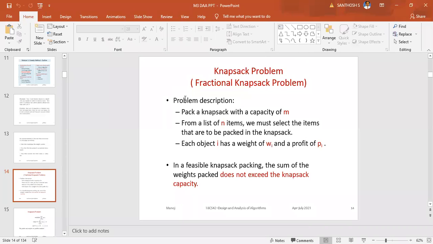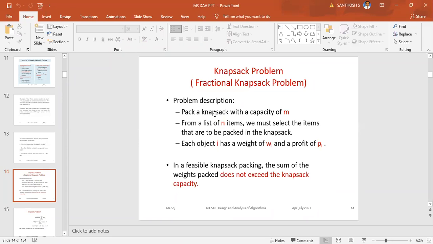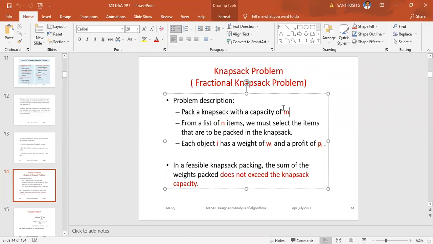Okay, I will tell you the problem description. We have a knapsack with a capacity of M. Keep in your mind that the empty bag has a capacity of M kg.